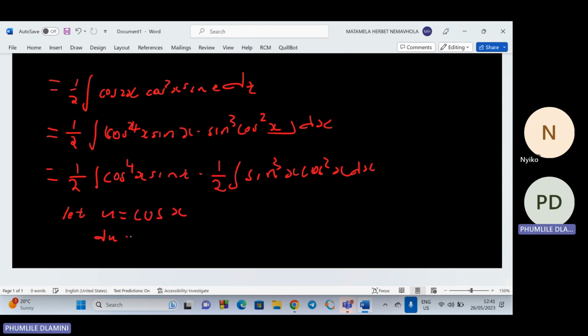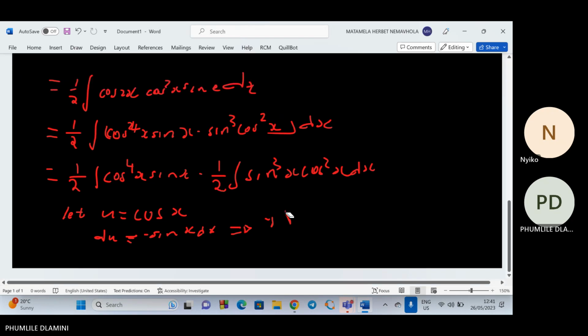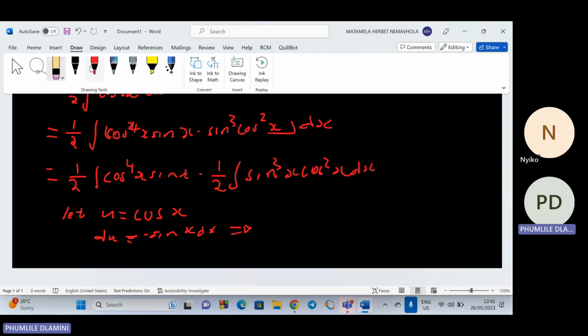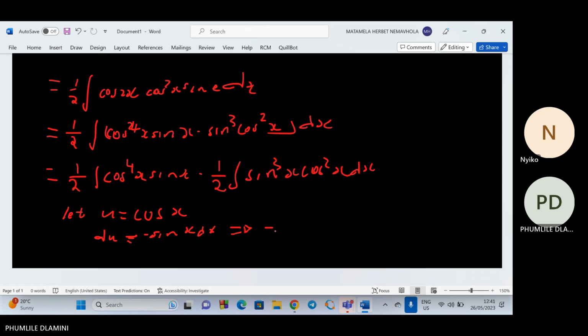Then your du is going to be equal to negative sine x dx, which implies that negative du is going to be equal to sine x dx.